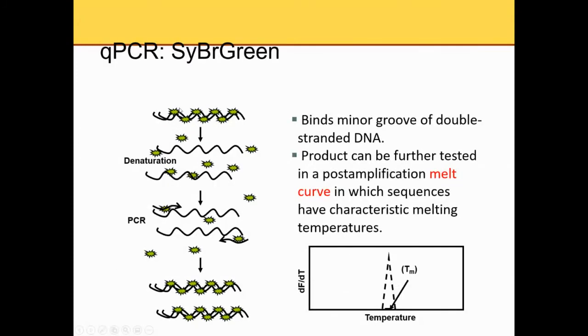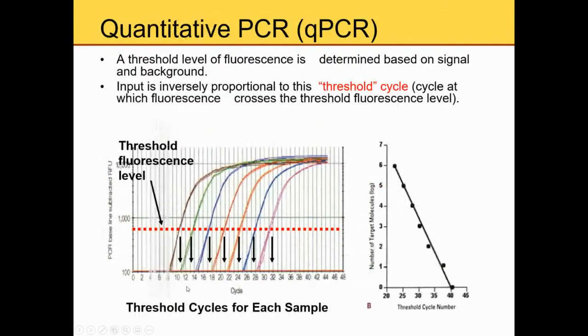For example, when you add this SYBR Green, it will bind to the double-strand DNA non-specifically. So during the denaturation, they release the SYBR Green, and then annealing, the primer anneals to the template, and then synthesizing the new DNA, and when you finish, then you have 2 double-stranded DNA. So the signal of the SYBR Green will be double. So that's the SYBR Green to evaluate the amount of DNA.